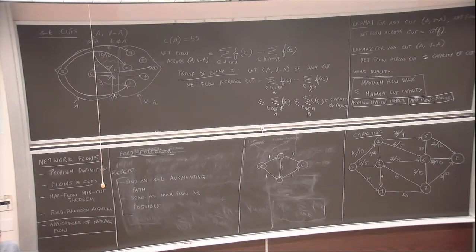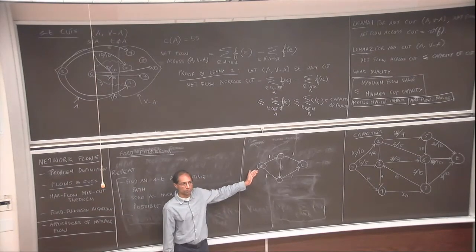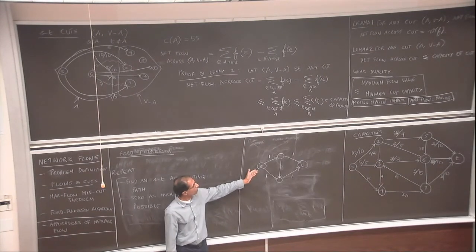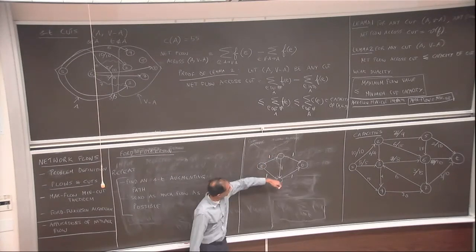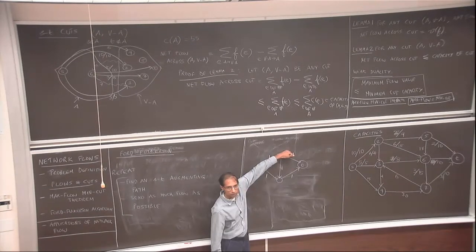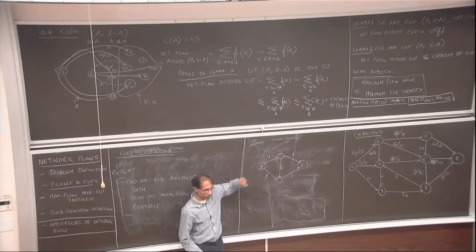That's the algorithm. So before we do anything, what's the maximum flow that we can send from S to T? 2 units. Think of it as 1 unit of flow here, 1 unit here, 1 unit here, 1 unit here. Remember, the total flow value is always the flow leaving the source.